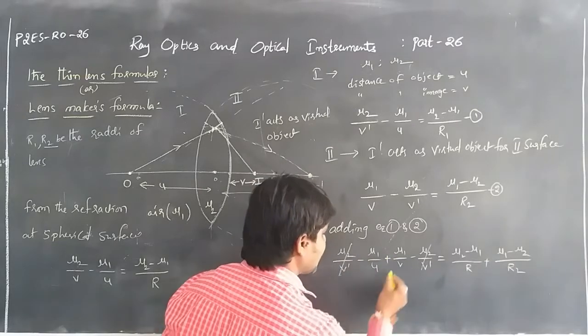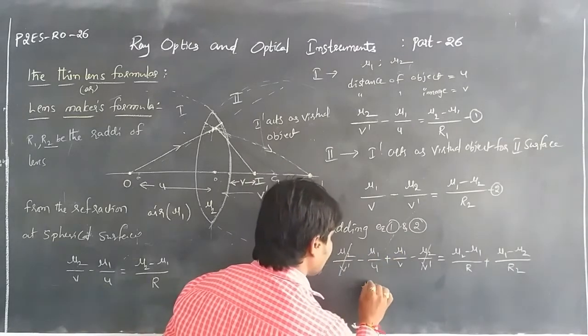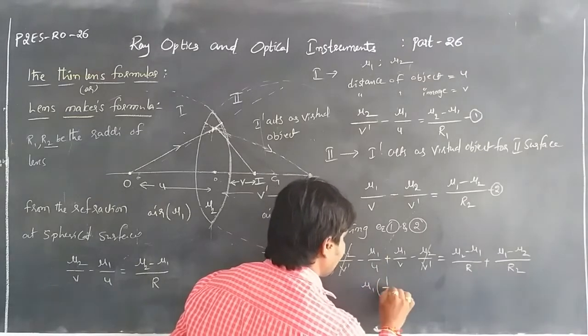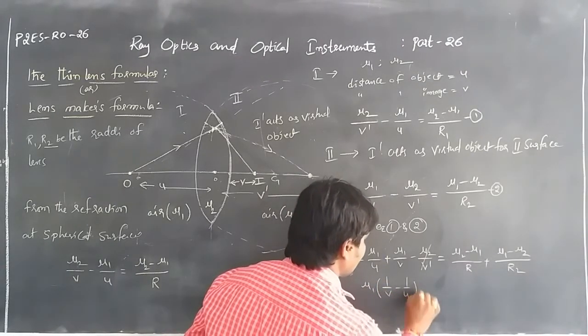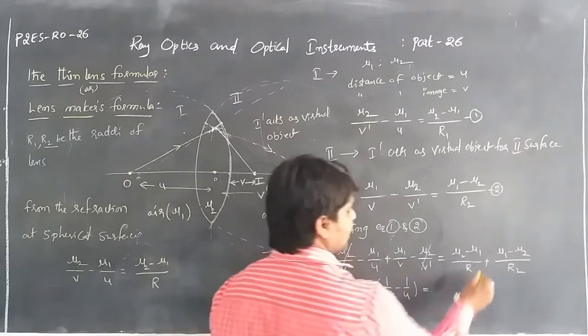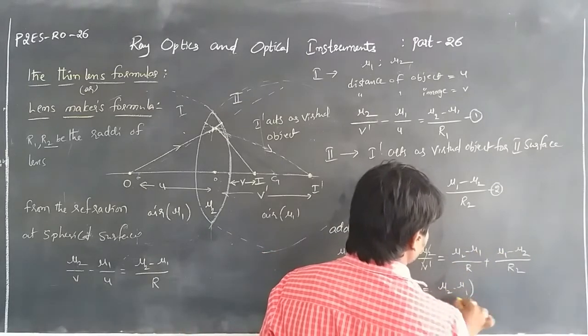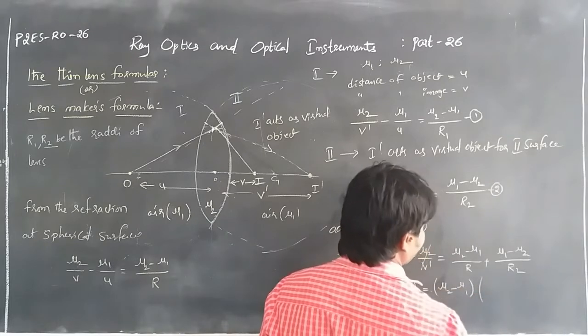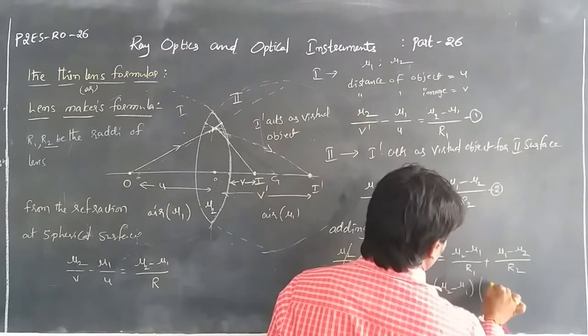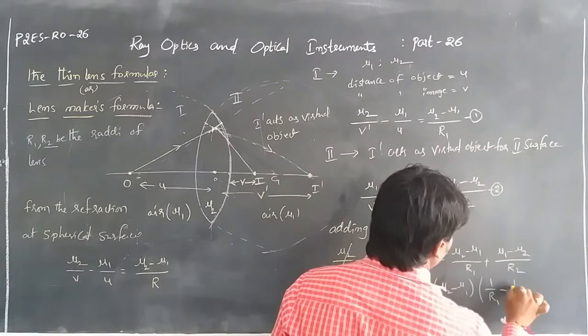Then from this relation we take mu1 common, so we get 1 by v minus 1 by u equal to, taking mu2 minus mu1 common, 1 by r1 minus 1 by r2.